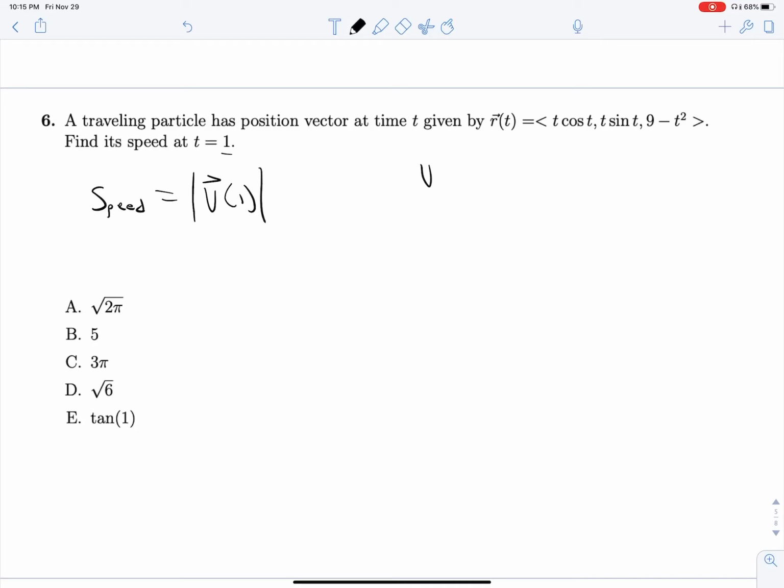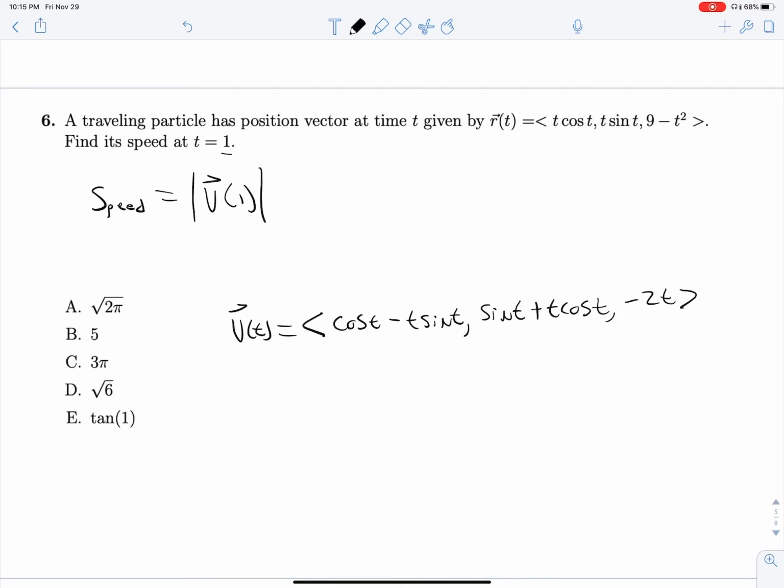So v of t is just, but it gets a little messy, so I'm going to need some more room. v of t is going to be cosine t minus t sine t, then sine t plus t cosine t, and minus 2t.